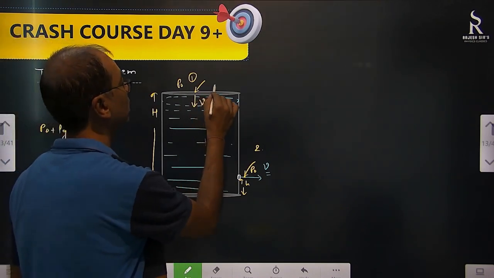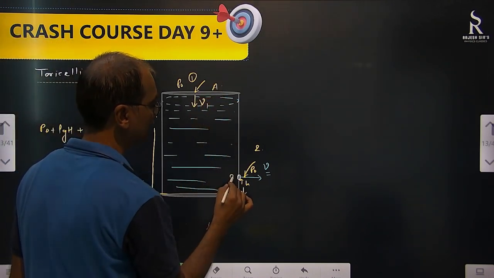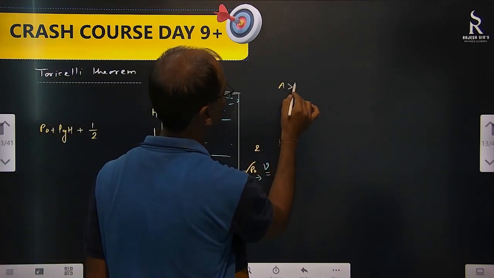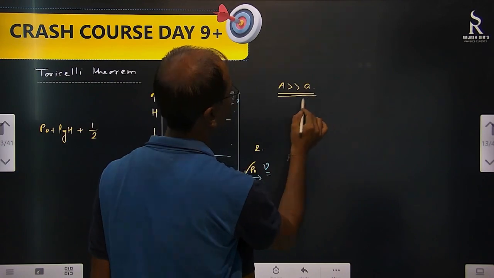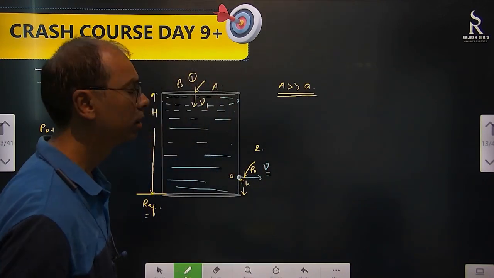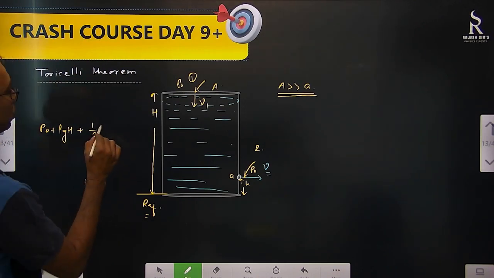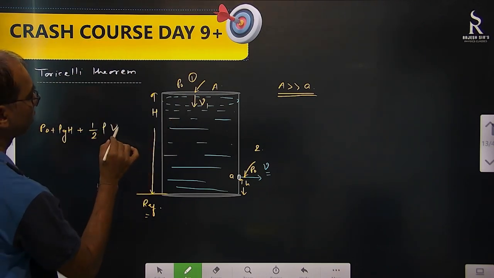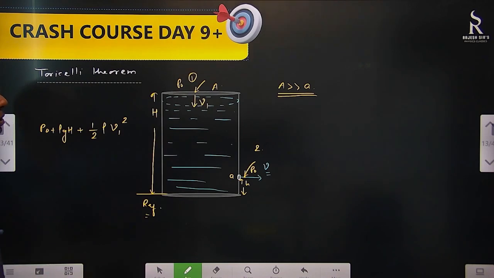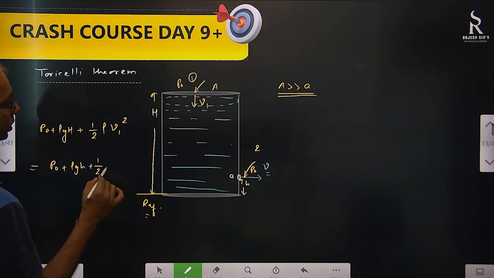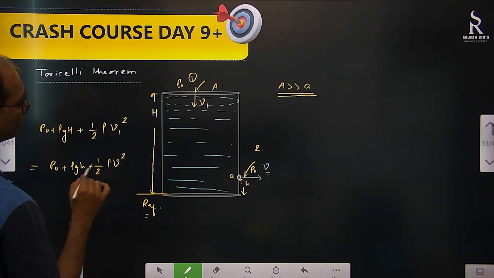Its area is A and its area is a, and this A is huge as compared to small a, because there is a hole in a container. It has to be very small, right? So half rho into v1 square. Bernoulli's theorem I applied. Here also you apply at section 2, P naught plus rho g h plus half rho v square, and this v only we are calculating.